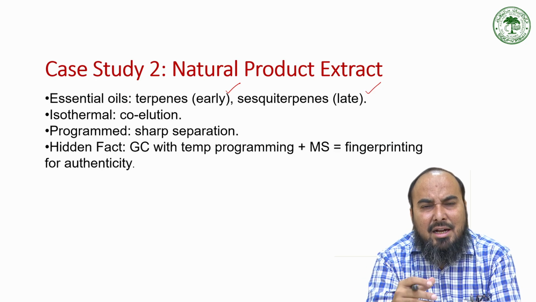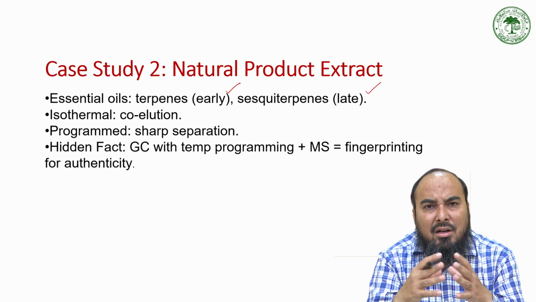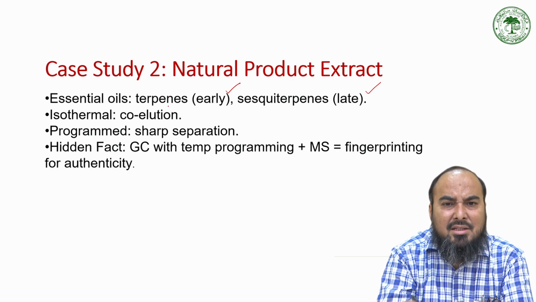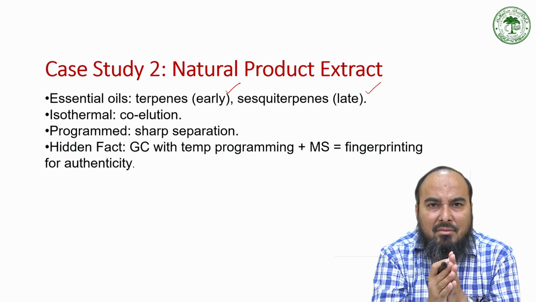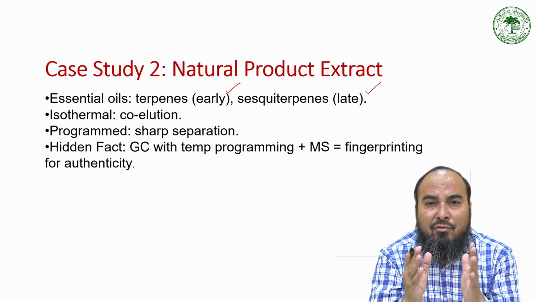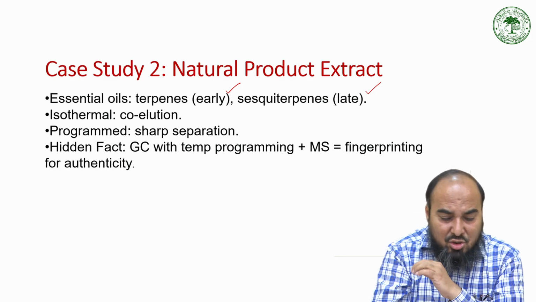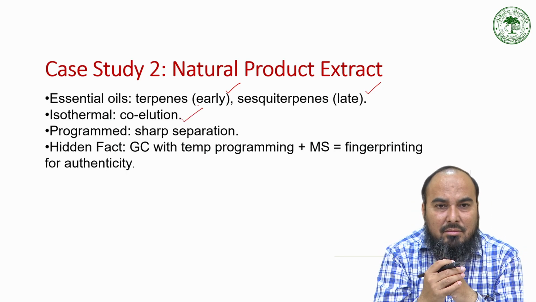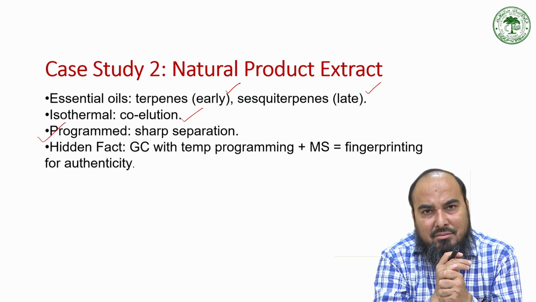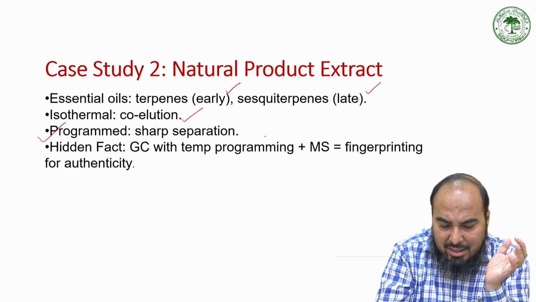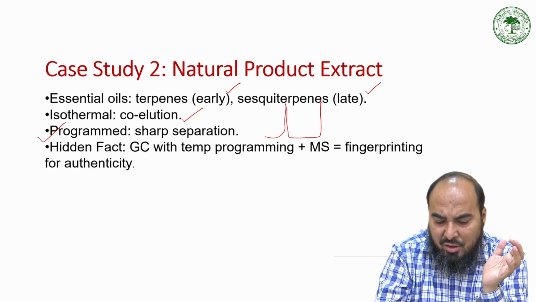There are chances that if you do an isothermal GC, then these two, the terpene and the sesquiterpene, will co-elute. They will elute at the same time. That is, they do not have well separated peaks. So in that case, you have to go for a programmed GC so that you can have a very effective separation of the two.